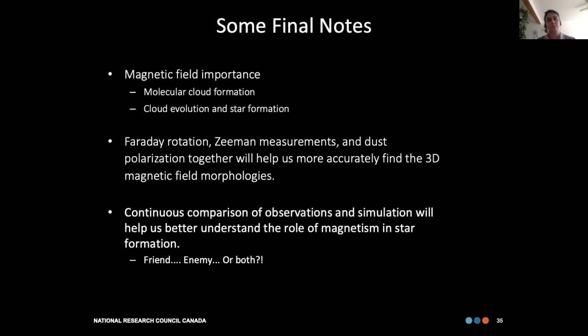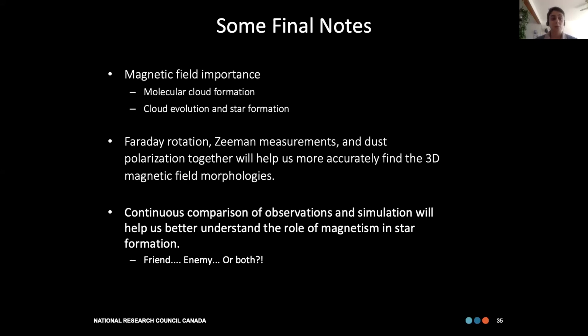And then some final notes. I'd like to mention that understanding the 3D morphology of magnetic field in molecular clouds will enable us to understand not only the role of magnetic field in star formation, but we'll also be able to distinguish between scenarios that propose molecular cloud and filamentary structure formation.